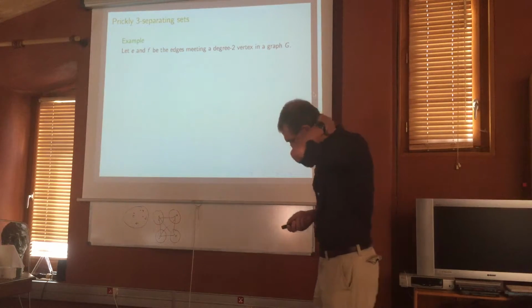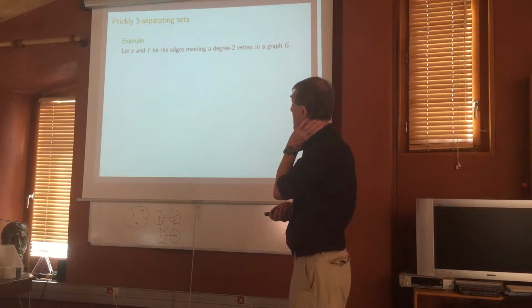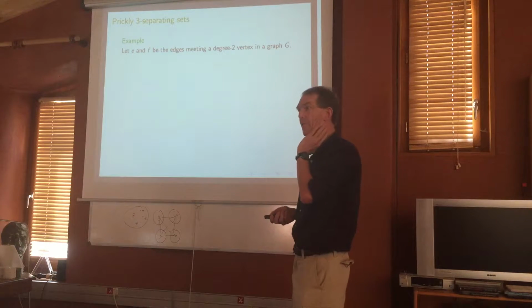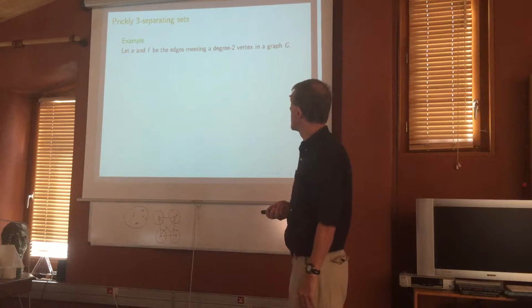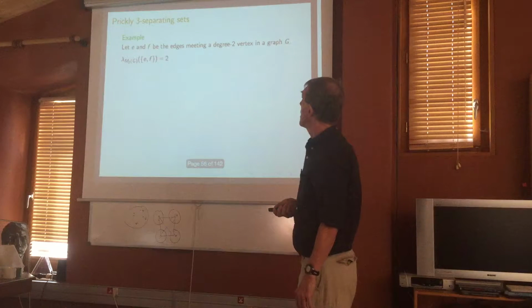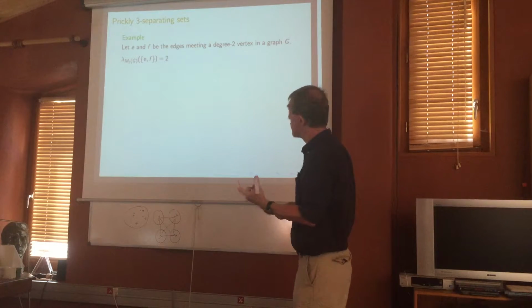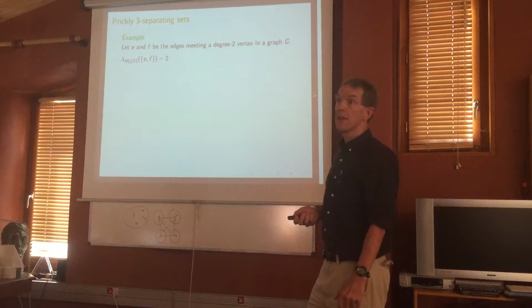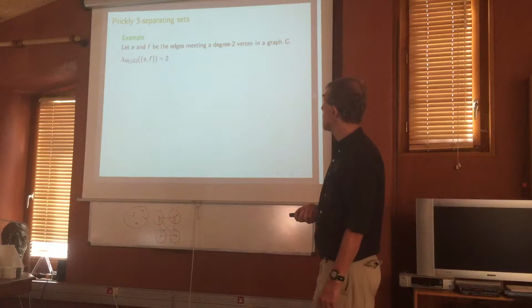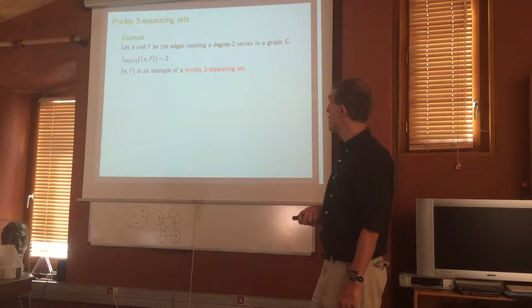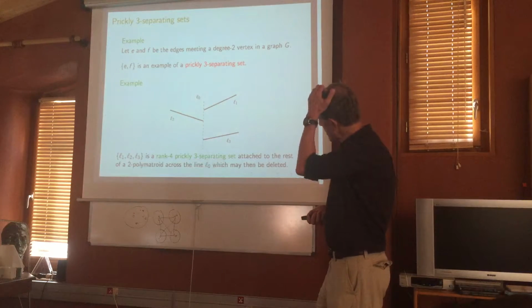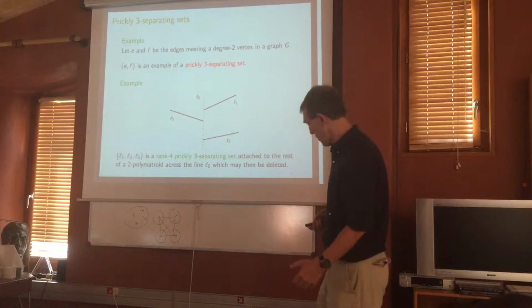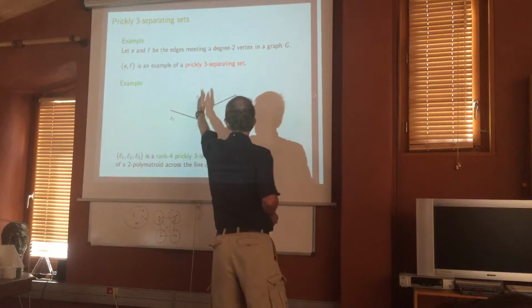Now we come to these separating sets that we call prickly three-separating sets, and you'll see why we call them that. When you have two edges meeting a vertex of degree 2 in a graph, that's an example of a three-separating set. It's an example of a prickly three-separating set. What's a prickly three-separating set more generally? Well, I want you to look at this geometrically. So here's a line.